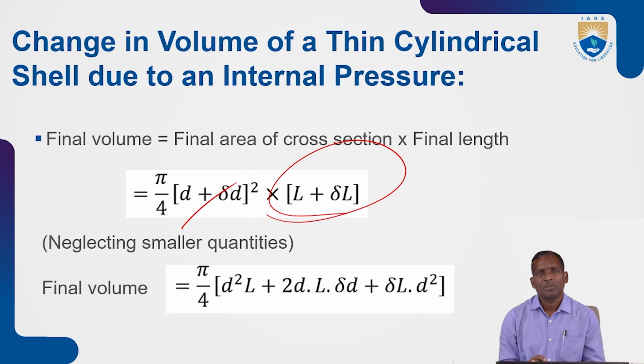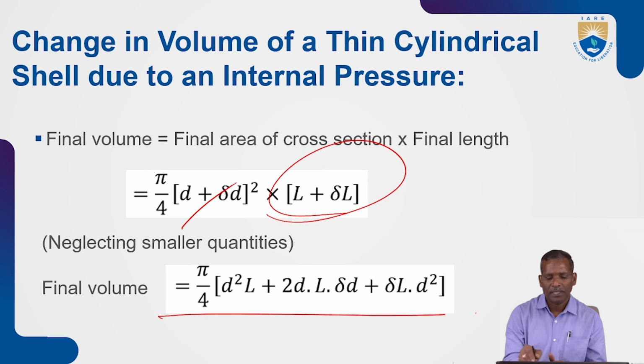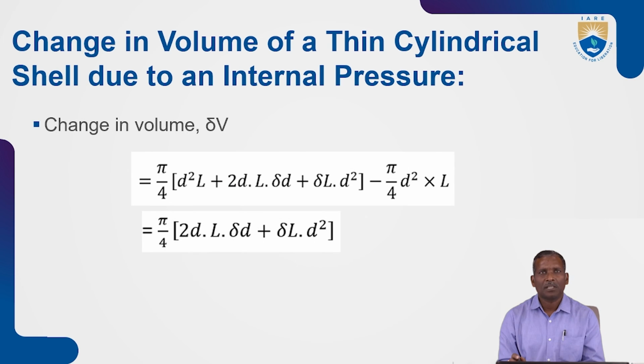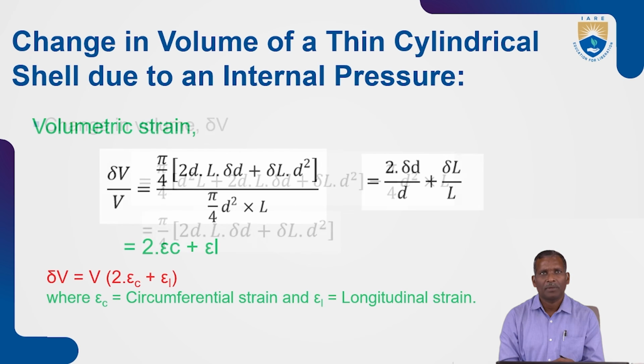Now, by neglecting smaller quantities, the final volume you can write as pi by 4 into D square into L plus 2D into L into delta D plus delta L into D square. So the change in volume you can write as pi by 4 into (2D into L into delta D plus delta L into D square), as already derived in the previous slide.